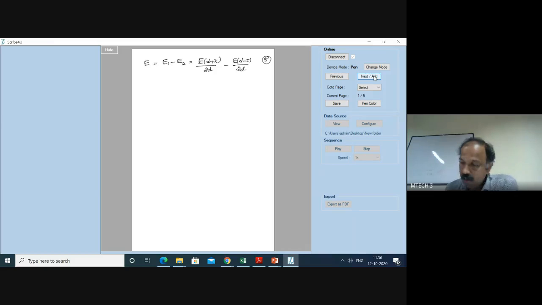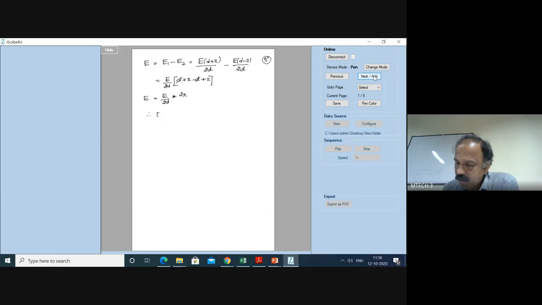Correct? Right. So we'll take E divided by 2D common. So it becomes D plus X, and minus into minus gives plus X. So D and D go away. So we have E divided by 2D into X plus X, 2X.